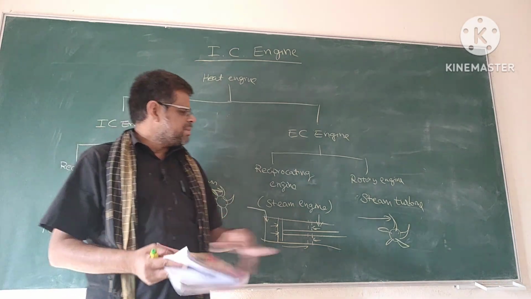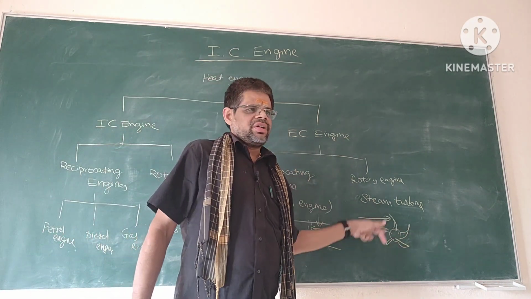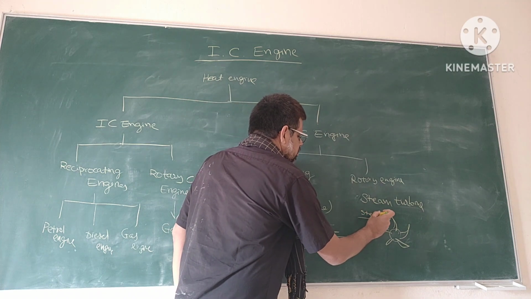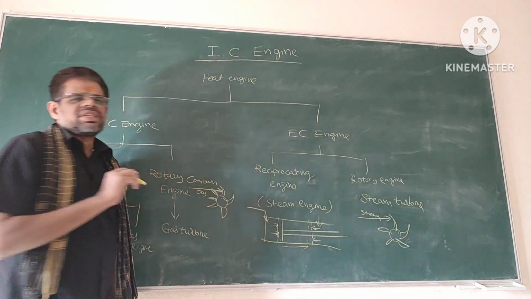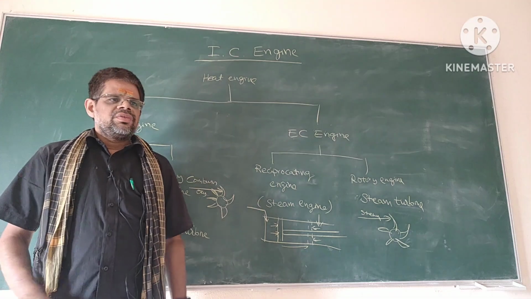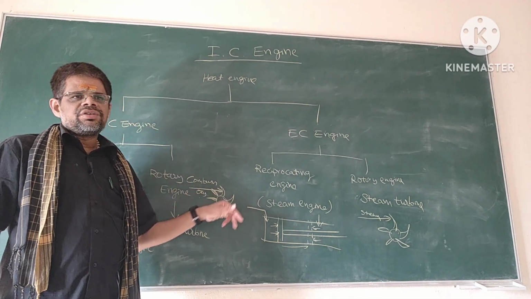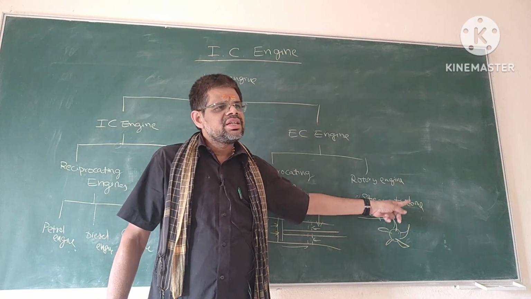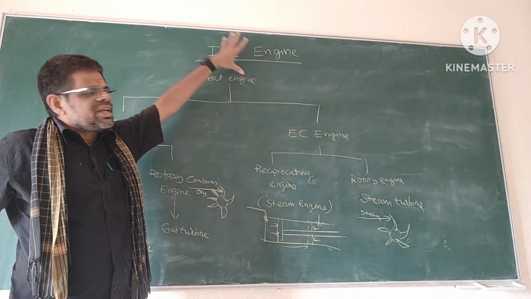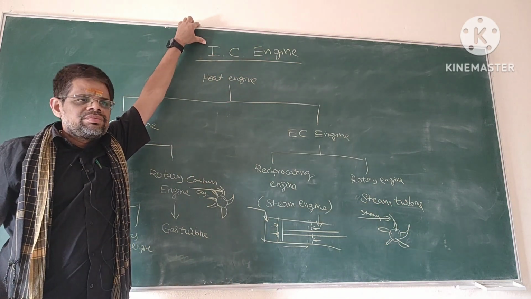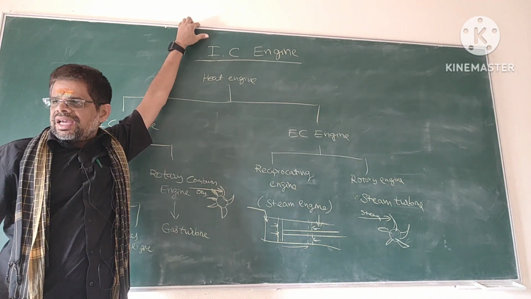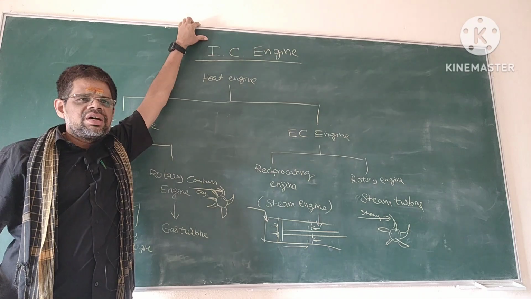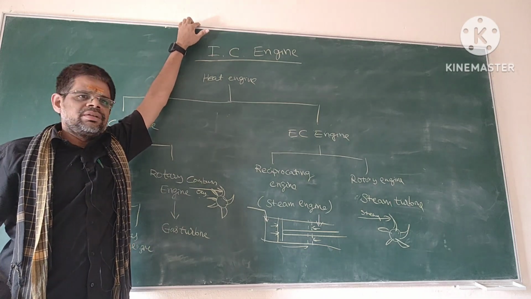The steam strikes the blades so that the rotor rotates. That is the only difference. If the combustion gases are used to drive the rotor, it is called a gas turbine. If steam is used to drive the rotor, it is called a steam turbine. So this is basically the classification of heat engines. In the next topic, we are going to discuss the classification of IC engines in detail.